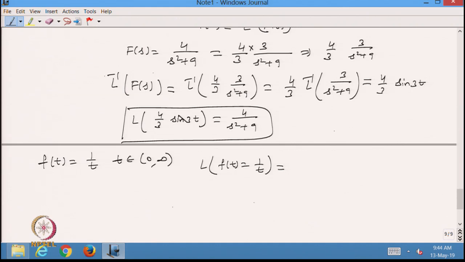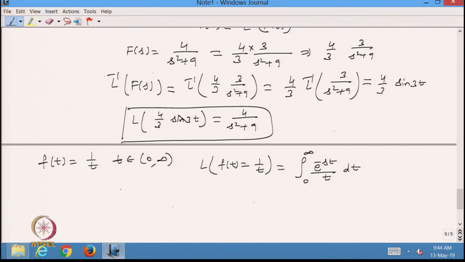If you take the Laplace transformation of this one, I can define this integration from 0 to infinity of e raised to power minus st times 1 by t dt. If I want to take the integration with 1 by t as my first function and e raised to power minus st as the second function, then I take the derivative.